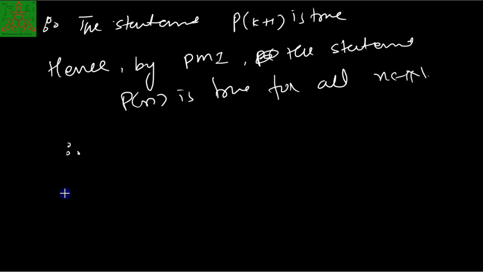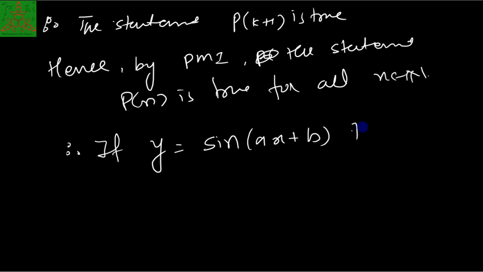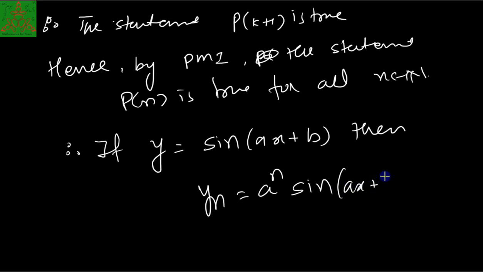Therefore, if y is equal to sine(ax + b), then y_n is a^n sine(ax + b + n pi by 2).